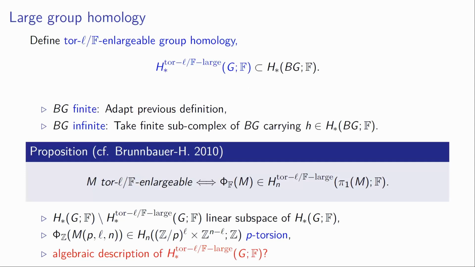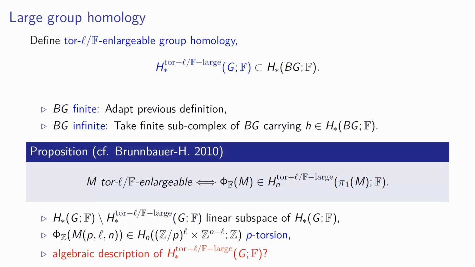And let's think a little bit more about invariance properties of enlargeability or Tor-L enlargeability. Namely, it turns out that for any finitely presented group G, you can define a certain subset of the group homology of G with coefficients in F, which we call the Tor-L F-large part of the group homology.